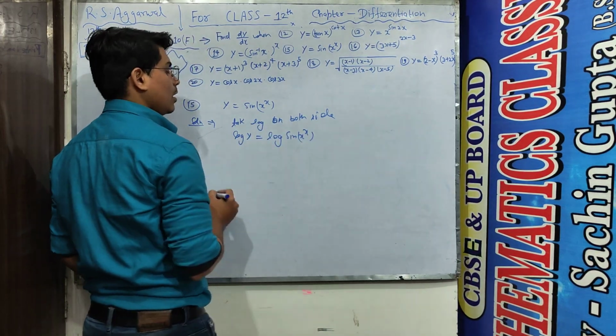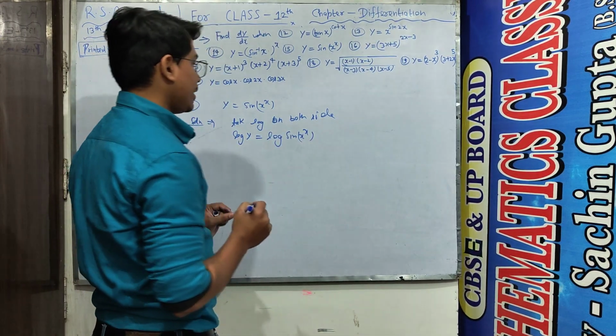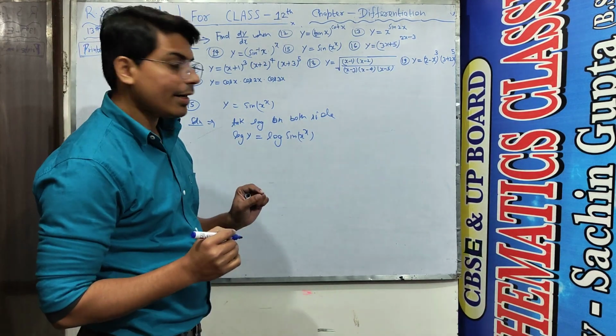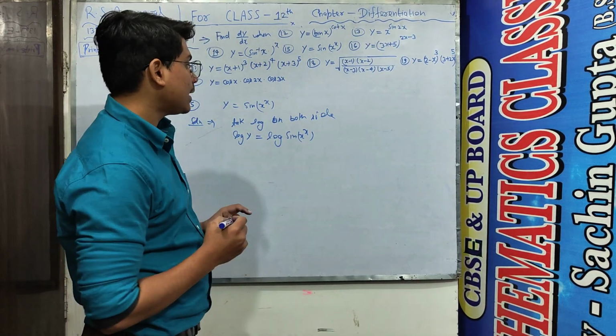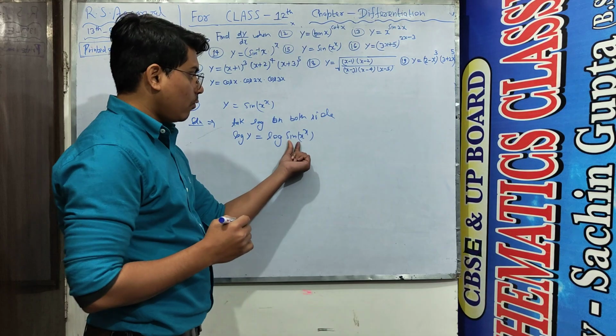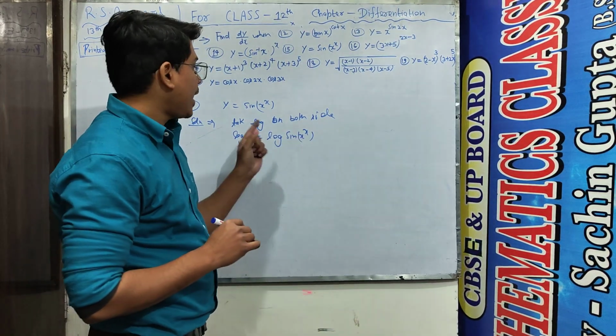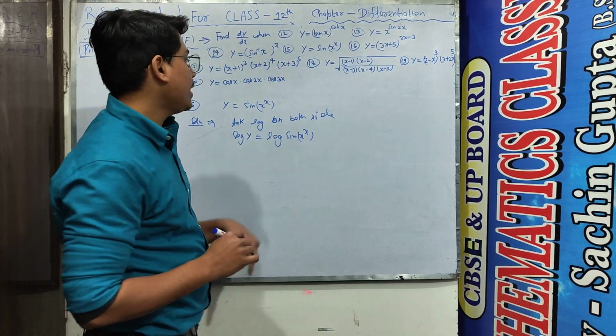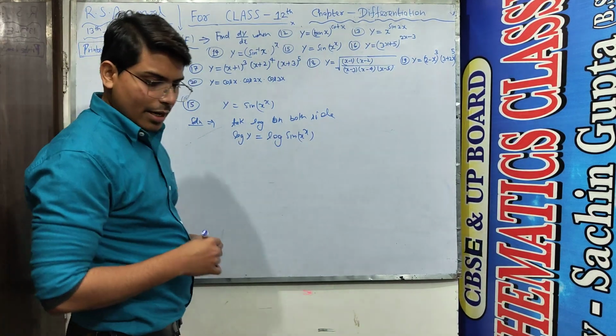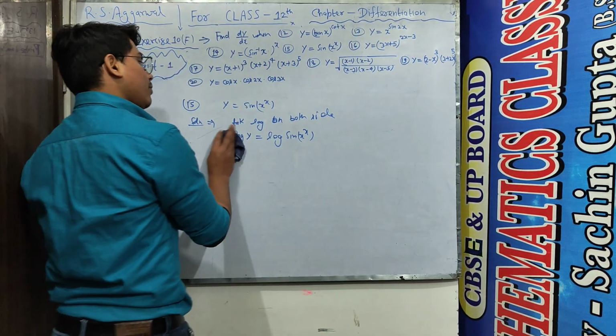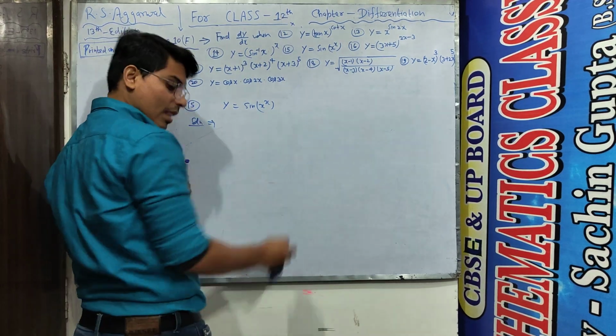One more thing, student: we can't take the log directly here, because this log works on the sine, not on x raised to the power x, so we cannot take a log directly. That's why I change this function first.